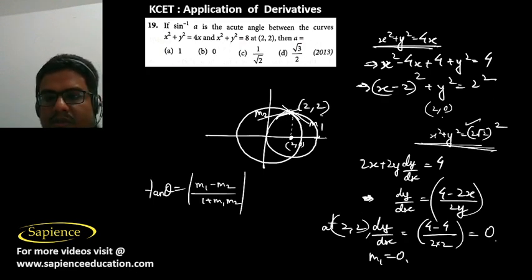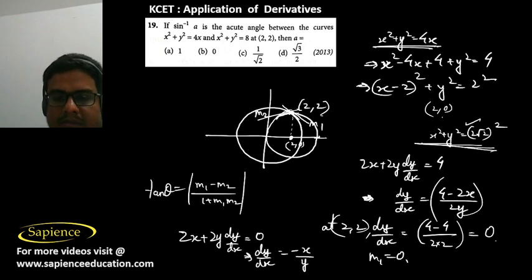Here also, if we differentiate both sides with respect to x, then we will get 2x plus 2y dy by dx equal to 0. Therefore dy by dx is equal to minus x by y.